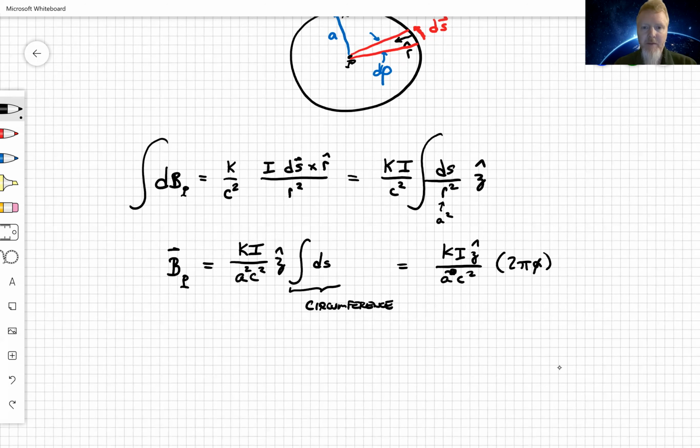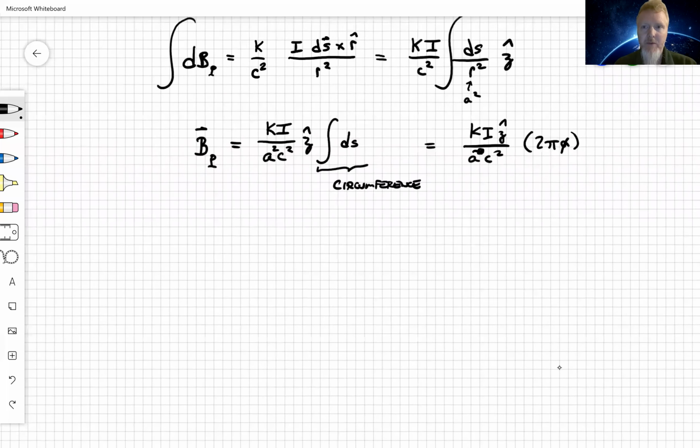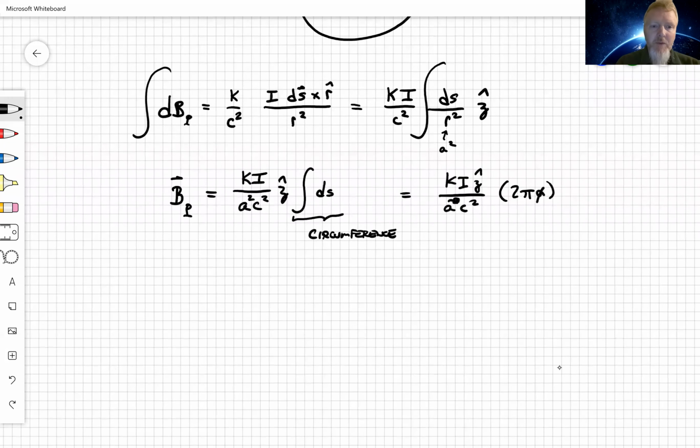So then I'm going to get i, and there's a 2 pi up top, and I'm going to have 4 pi epsilon naught c squared on the bottom times a, and I already canceled that a, and there's a z hat, and that 2 pi can go away with this pi, which becomes a 2.